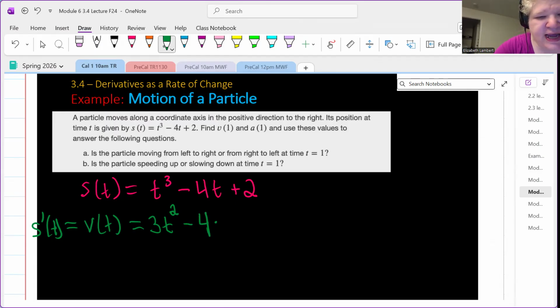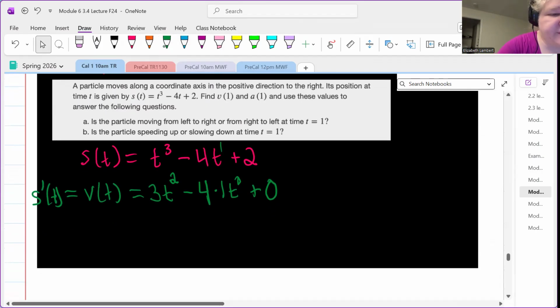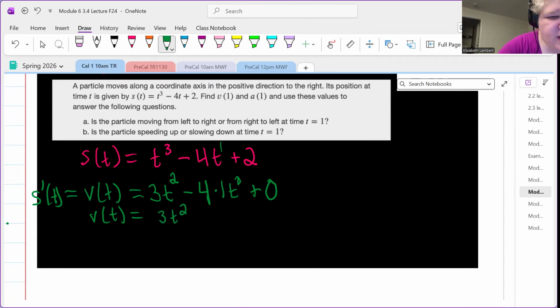Minus 4 times the derivative of t. That is t to the first power, so we have 1 t to the 0. Plus, the derivative of a constant is 0. So our velocity function is 3t squared minus 4.